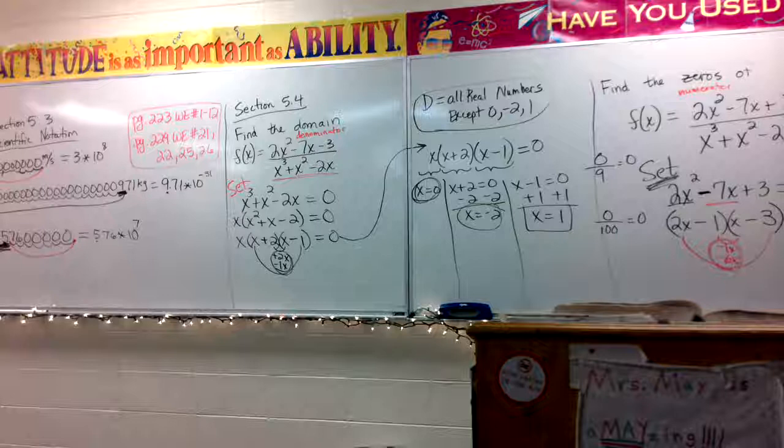That's the other 0. I think we did this before. So, anybody with questions on this one? Really, it's just set the numerator equal to 0, and then factor it and solve.